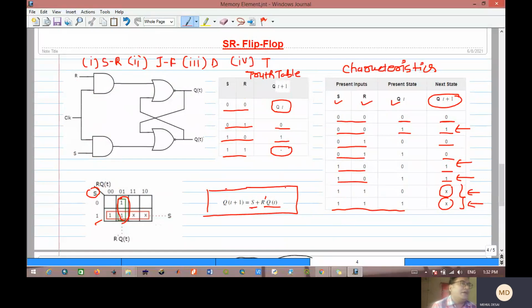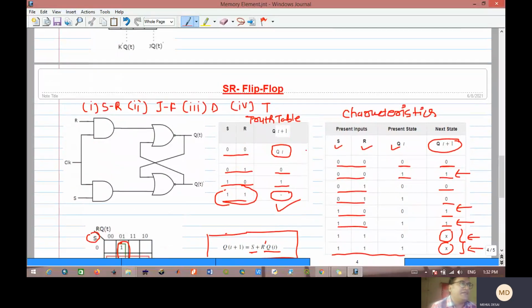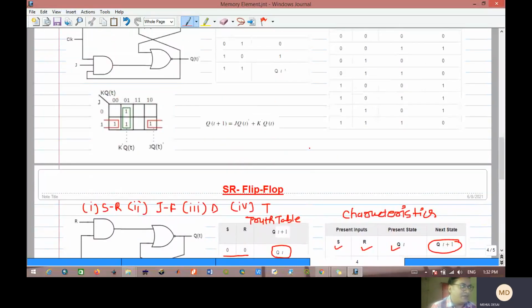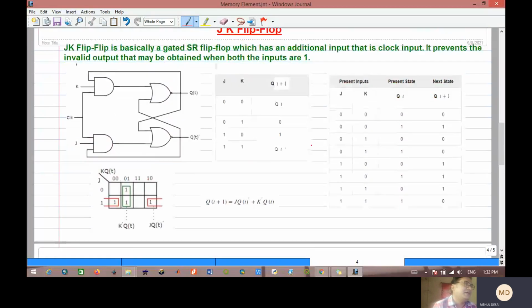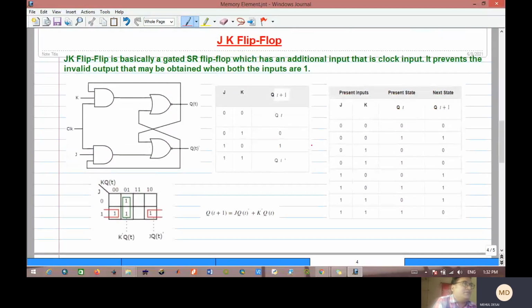Now the SR flip-flop disadvantage is that when both inputs are 1 1, we are not getting the output. To remove this disadvantage, the next flip-flop, the JK flip-flop, is developed. So here there are two inputs J and K. The JK flip-flop is basically a gated SR flip-flop with an additional input, that is the clock input.